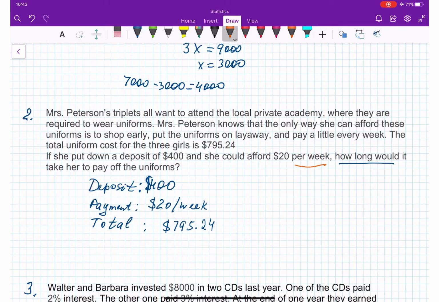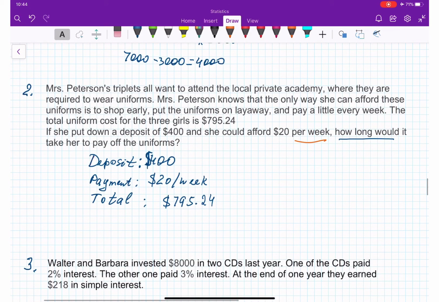The question is asking how long it would take to pay, how many weeks, we assign X. So, the number of weeks to pay off is X. Which means if the payment is $20 per week for X weeks, it's going to be 20X, yes?